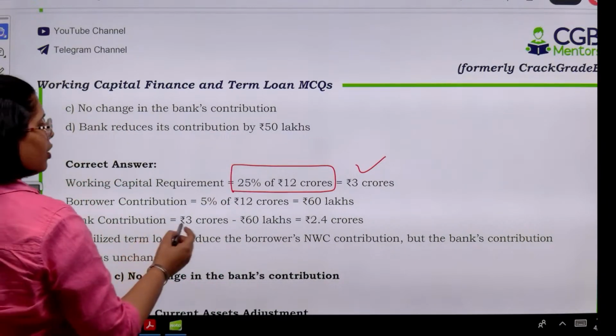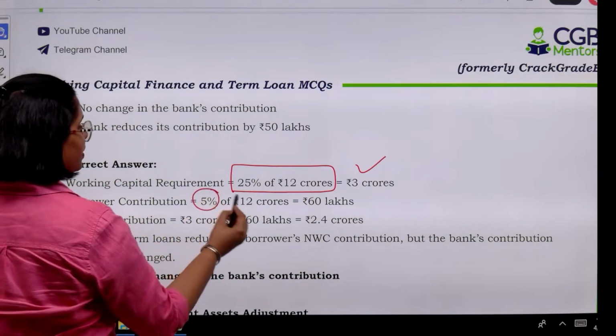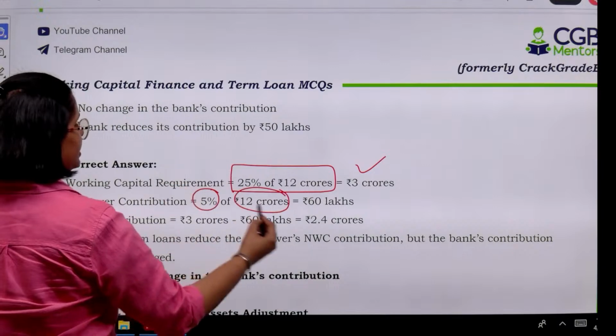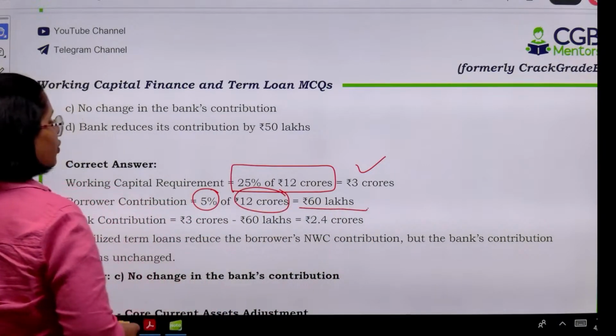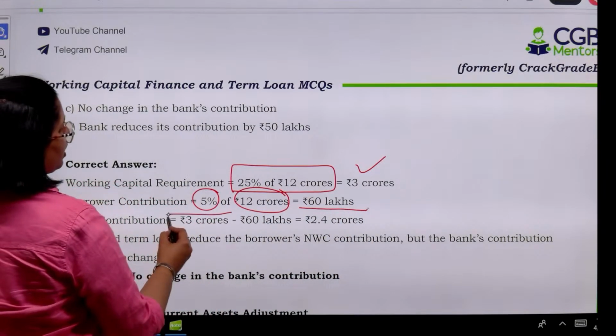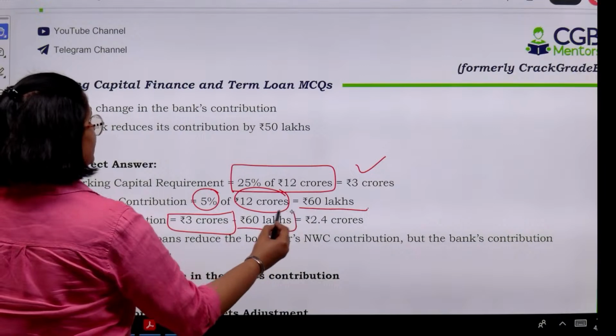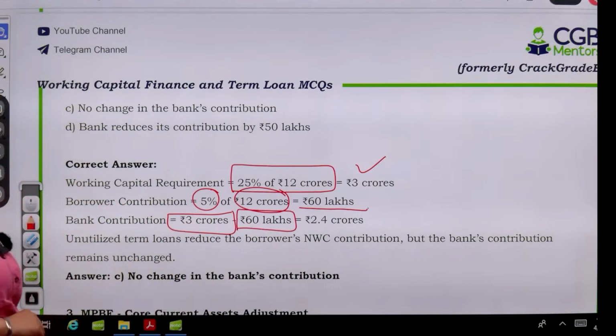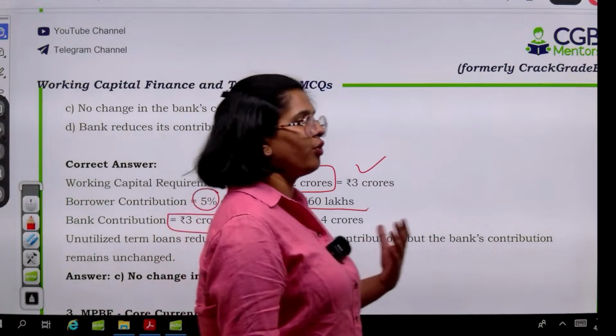Now what is the amount the borrower will contribute? 5% of your turnover, that is 60 lakhs, right? What would the bank contribute? Total requirement less the contribution by the borrower. So eventually the bank has to give 2.4 crores.